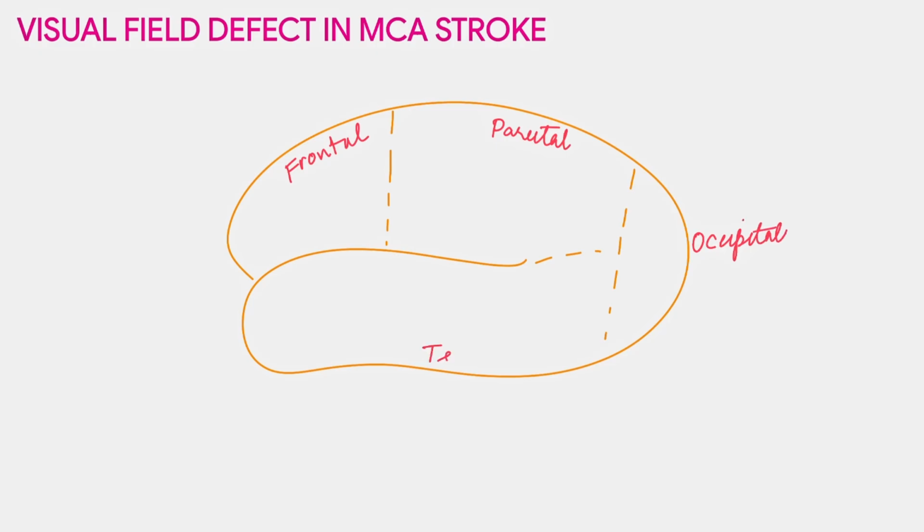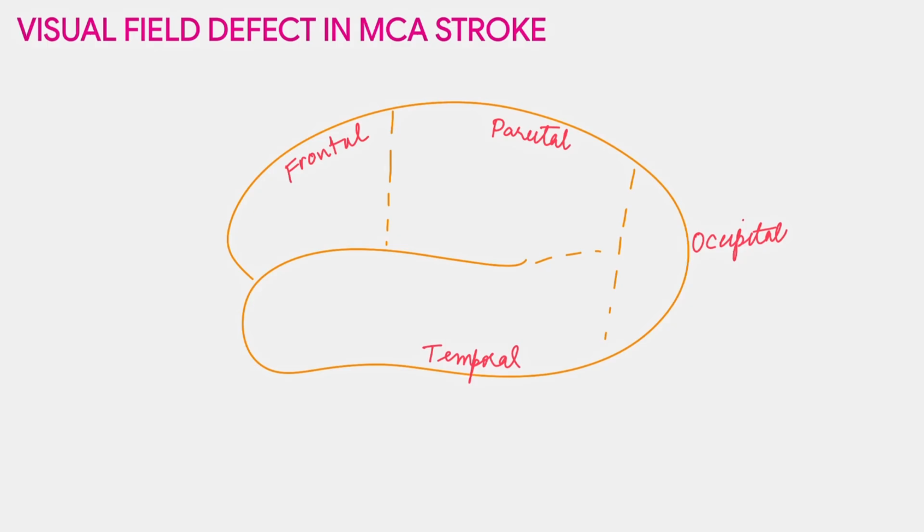And this would be the temporal lobe. Now, we know that the optic pathway starts from the retina, optic nerve, optic chiasm, then you have the optic tract, and then you have something called optic radiation. Why is it called optic radiation? Because it literally radiates through the brain.